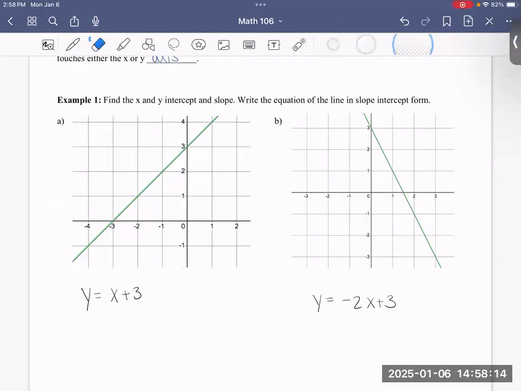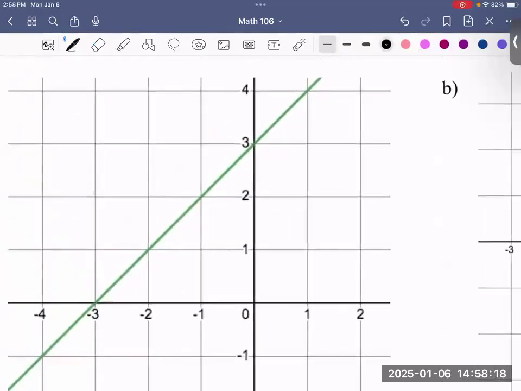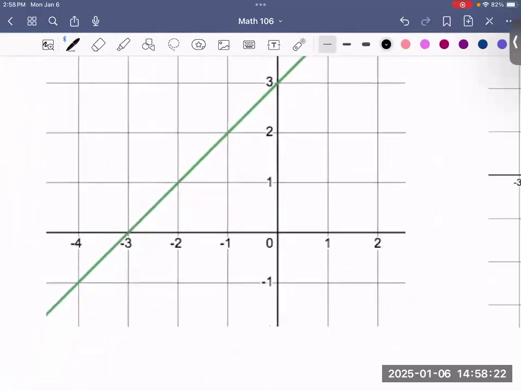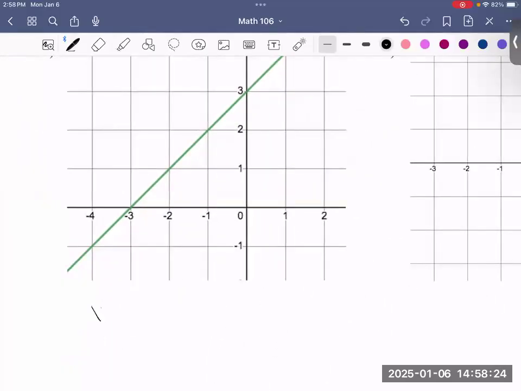Now, let's say you're not at that point. Let me erase a little bit and backtrack. Well, in that first format, your slope-intercept form, we said we need y equals mx plus b, b being your y-intercept and m being your slope.